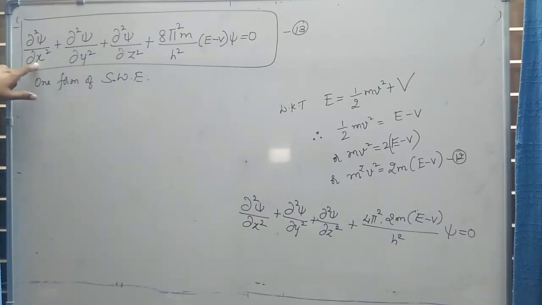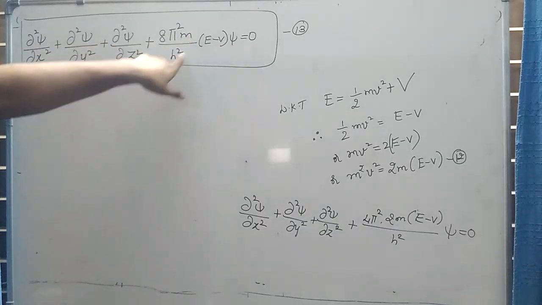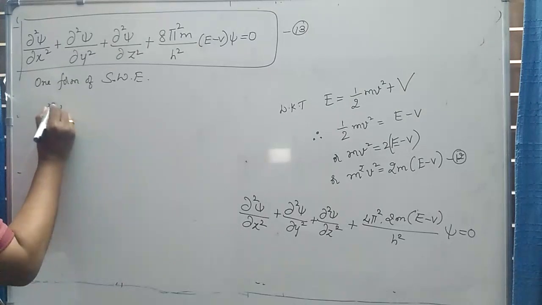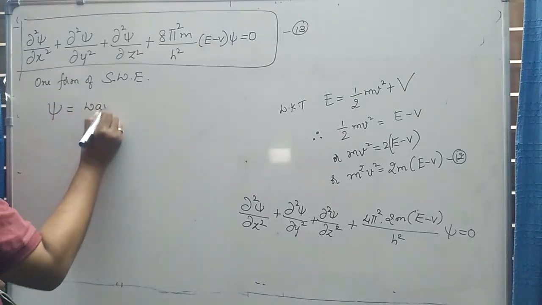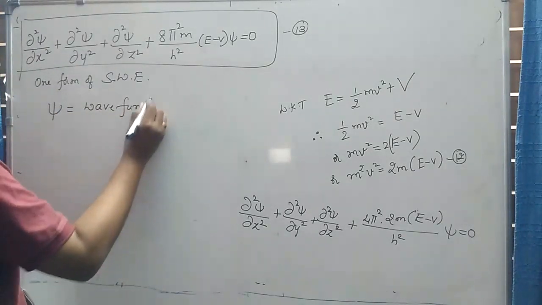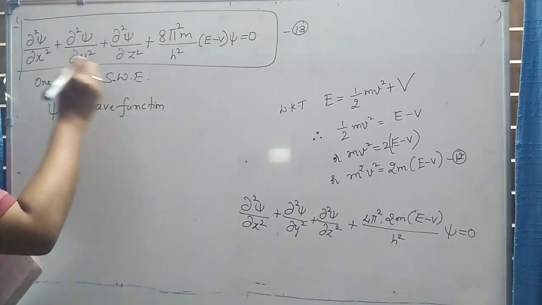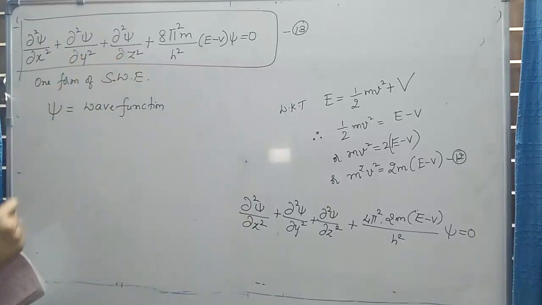It is dou square psi by dou x square plus dou square psi by dou y square plus dou square psi by dou z square plus 8 pi square m by h square into E minus V into psi is equal to 0, where this function psi is called the wave function. It is a function representing the wave nature of the particle. That is why it is called the wave function, which here depends only on the position of the particle. x, y and z represent the Cartesian coordinates, that is the position.